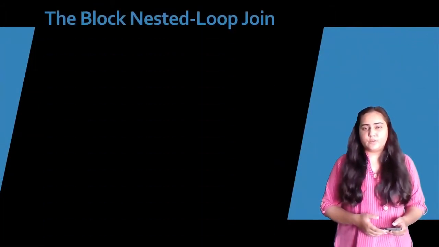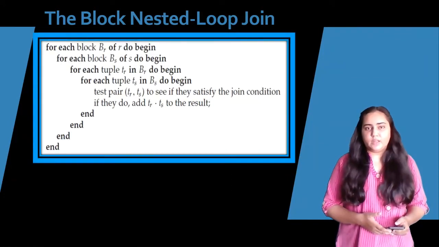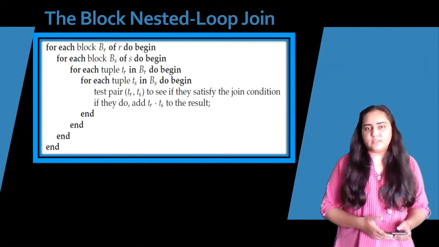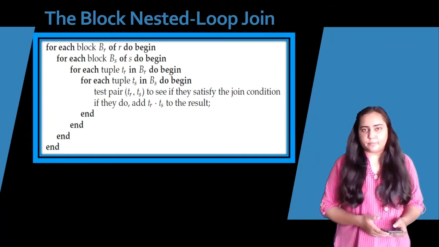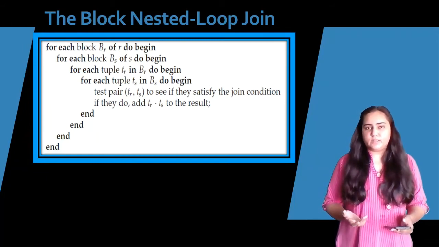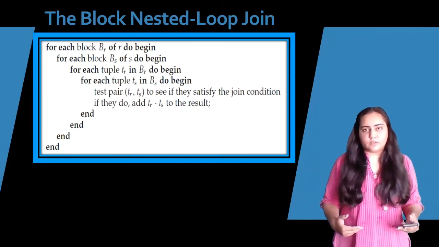This algorithm is known as the block nested loop join, and it looks like this. Here you can see that instead of working with the tables directly, we are working with each block of a table. A block of a table means the part of the table that is stored in memory, which is divided in blocks.